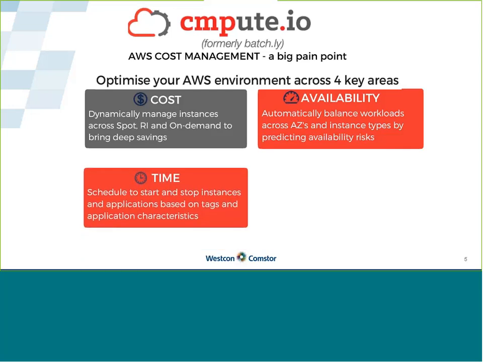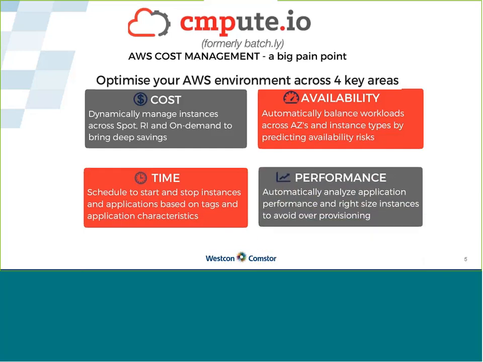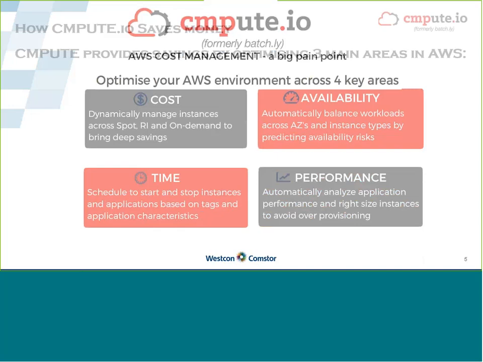Now they've very cleverly used time as a way to save money in different areas, so you can schedule stop and start instances in different areas and different zones. And performance. Now this is where it gets really clever as well. They automatically analyze application performance and right-sizing instances. And that's something that helps to avoid over-provisioning. So those are the 4 areas.